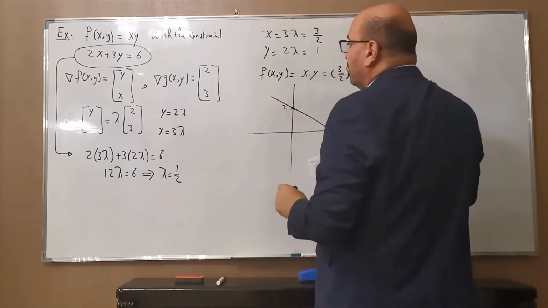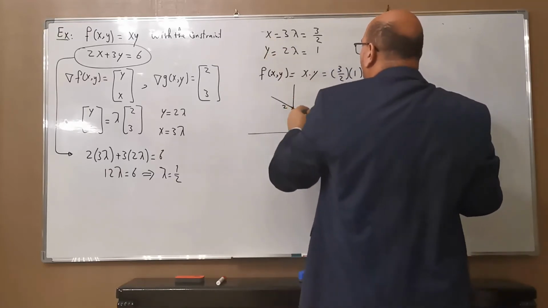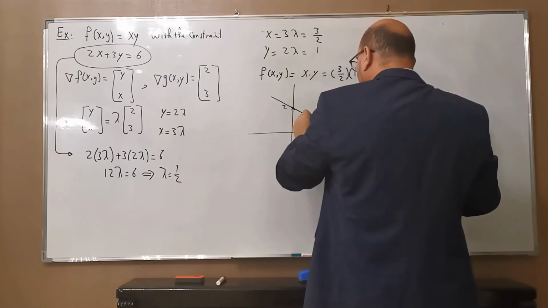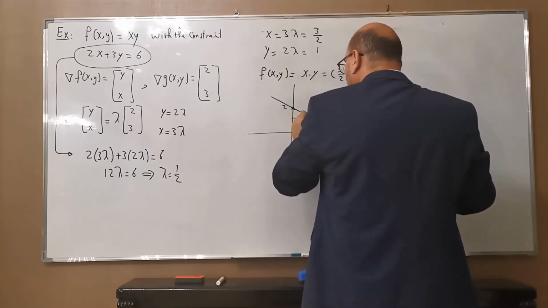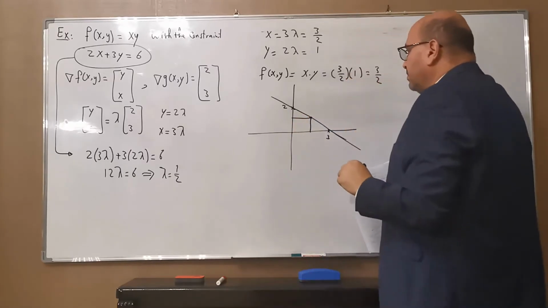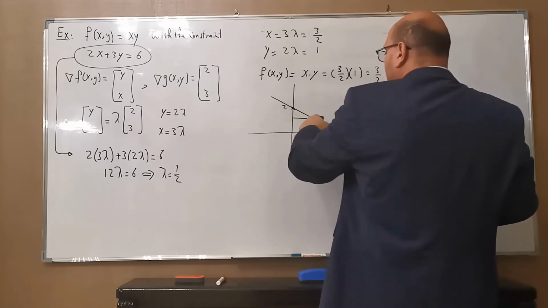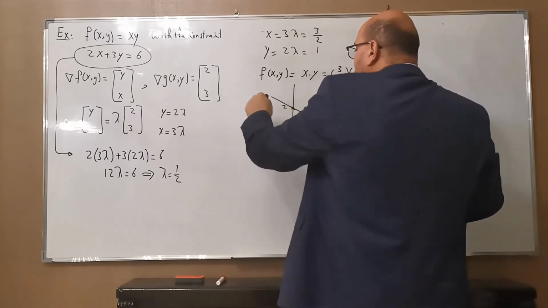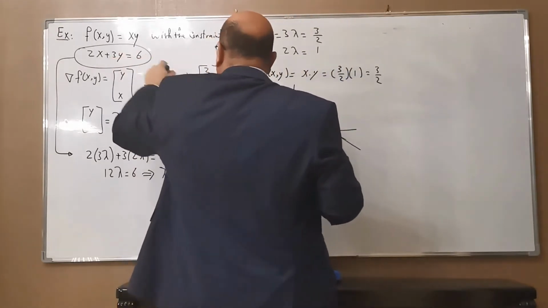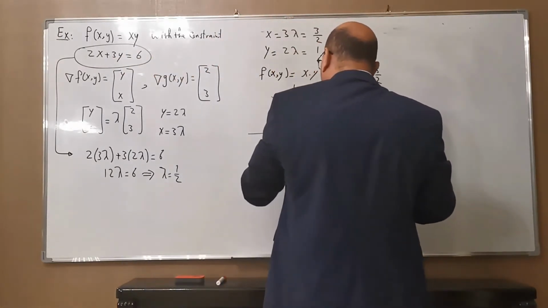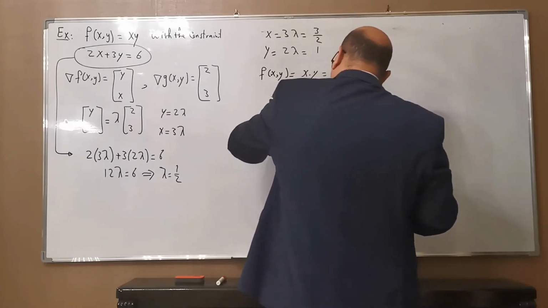And our point is x equals 3/2, 1.5, and y equals 1, which is halfway here. So any point on the line, I would assume that this one will be something like this.